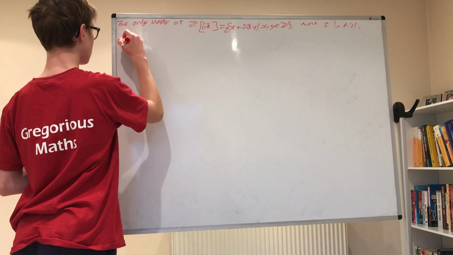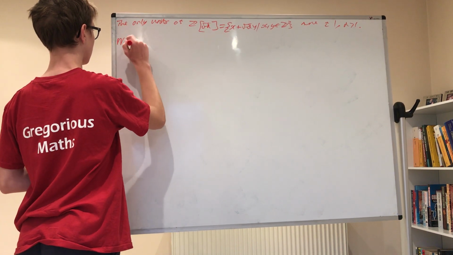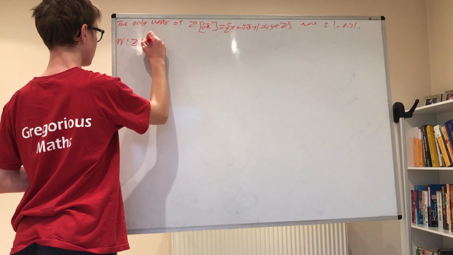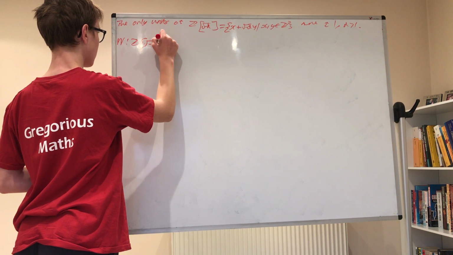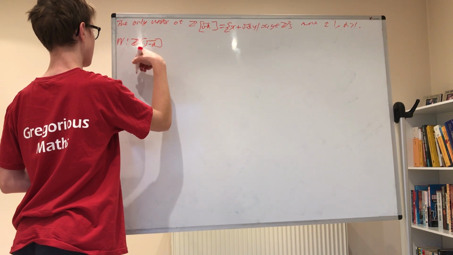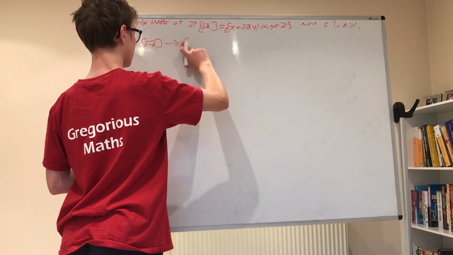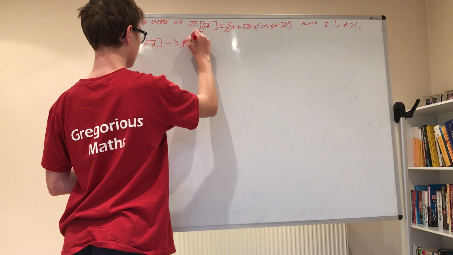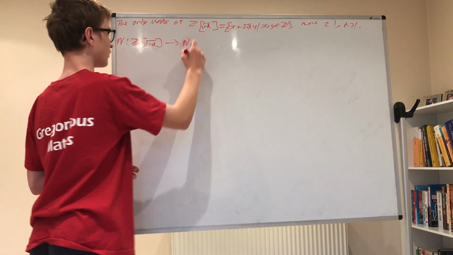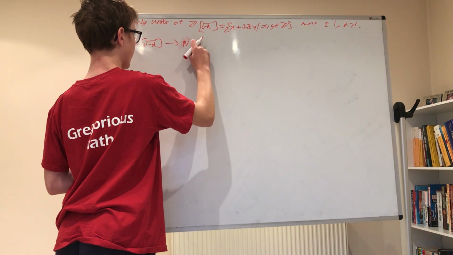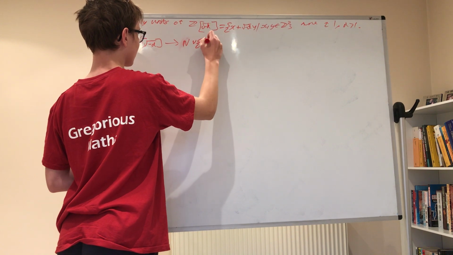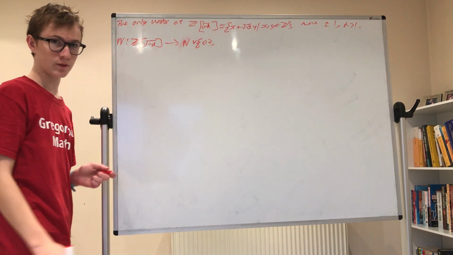Well, the norm will take in one of these numbers right here, and it will output a natural number, including 0. I'll just do union 0, just in case you don't include 0 in your definition of natural numbers.